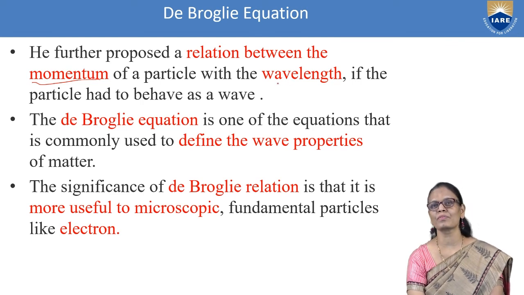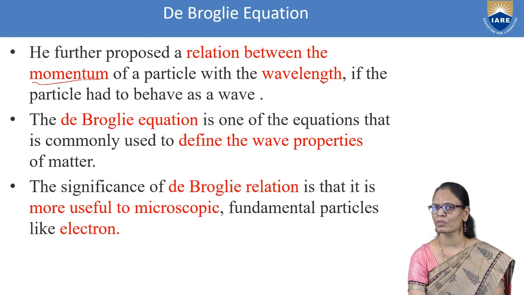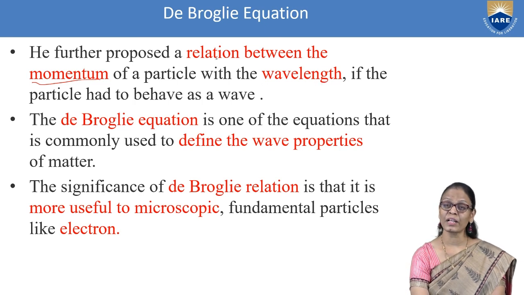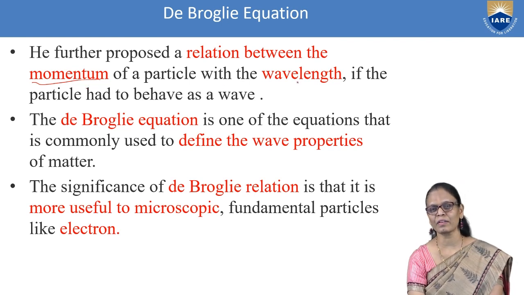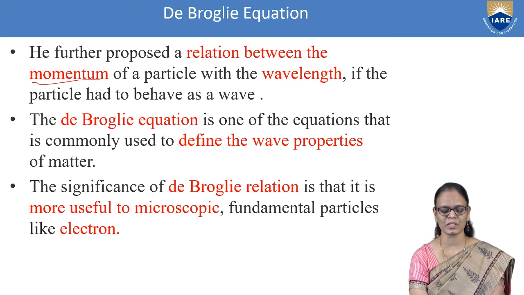Whenever we talk about wave, we talk in terms of wavelength. If he could establish a relationship between momentum of the particle and the wavelength, then whatever he proposed proved to be correct. The de Broglie equation is one of the equations commonly used to define the wave properties of matter.